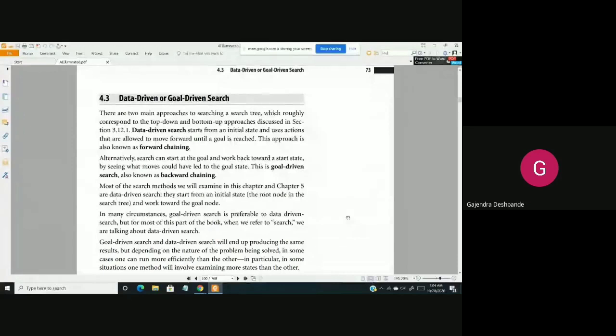So the best example is medical diagnosis. You know that there is a goal. For example, you know that the person is diabetic, the person has blood pressure. So you are going to perform diagnostic tests in order to get the information.